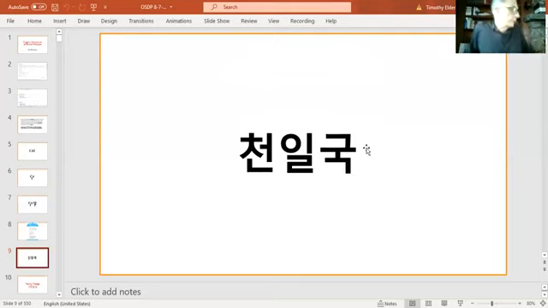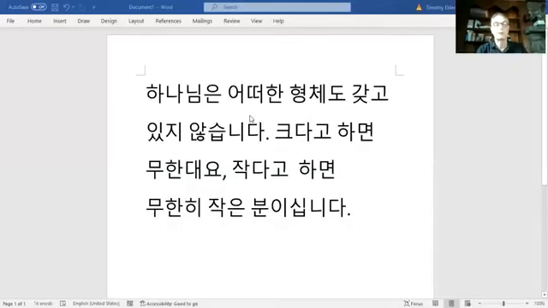Now, if you really want to dive into this, just go right to the Korean Cheonseongeum. This is the first sentence. Wait a second, I'm really sharing. Let me reshare it just in case that's not coming out. And so this is the first sentence of the Cheonseongeum.